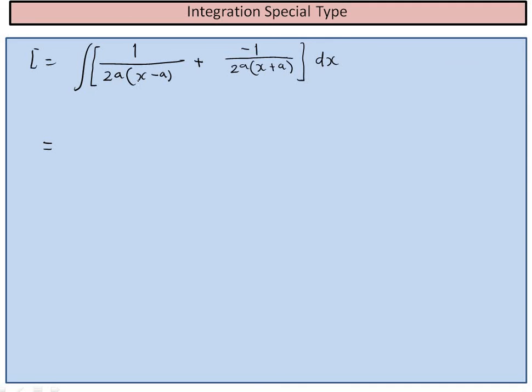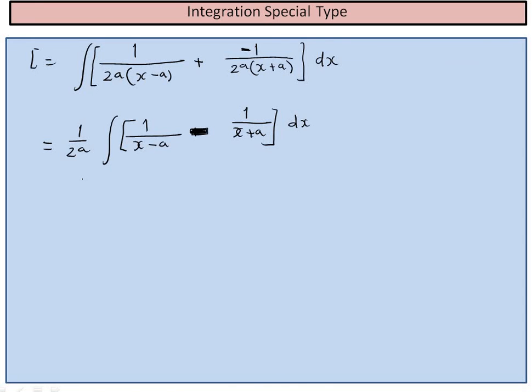So now see what happened. This 1 upon 2a, ये 2a from denominator comes outside. 1 upon 2a integral 1 upon x minus a plus minus, this minus you have to write, not plus. So this plus becomes minus. अच्छी तरह से याद रखो बच्चों. Many times people forget this minus. 1 upon x plus a with respect to x.